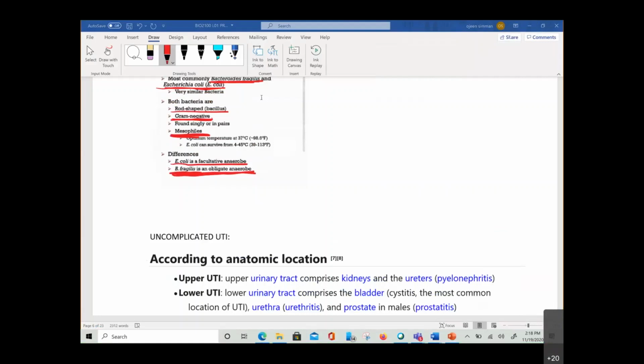Now, before I start talking about uncomplicated UTI, I first want to go over the classification of urinary tract infections, because there are several ways that we classify UTIs.